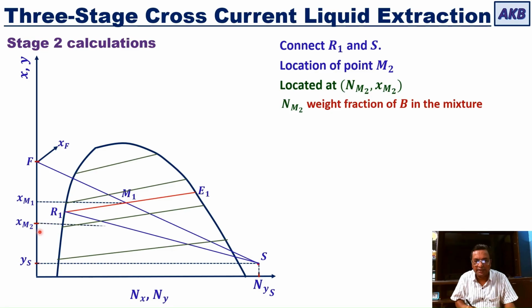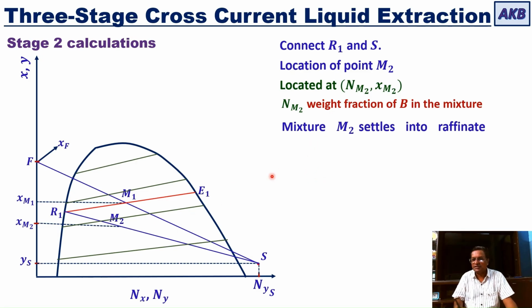After locating XM2, I go to the line R1S, and the point where the intersection occurs represents mixture M2, which on this diagram is the point M2. Okay, so we have got M1 and M2. The y coordinate of point M1 is NM1 and the y coordinate of point M2 is NM2. It is not required in our calculations.